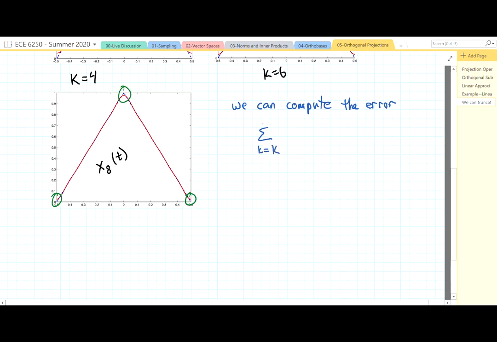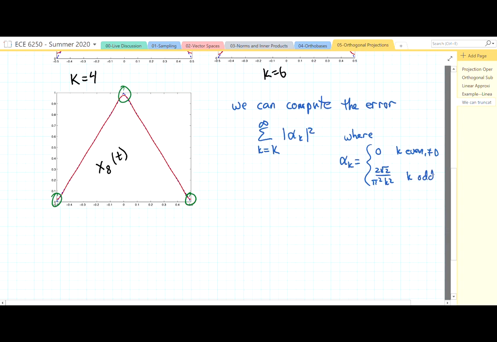Using the linear approximation notes from before, we get alpha_k squared, where alpha_k from before is equal to 0 for k even, and 2 over pi squared k squared for k odd.